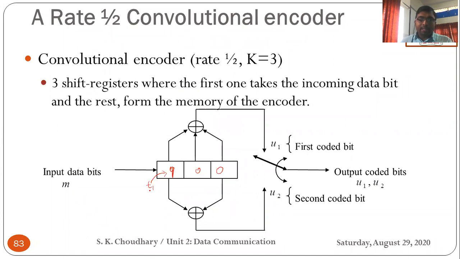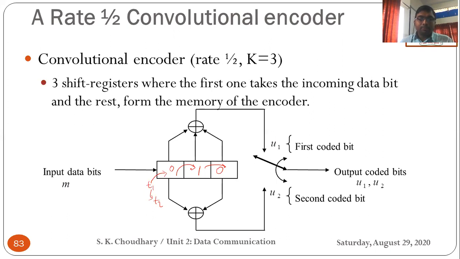And when the next time instant becomes T2, this bit is shifted here, and this place is vacant. This one is shifted here at time instant T2, and this is vacant. And here the next bit comes, maybe 0, maybe 1. So in this way, there is right shifting at every time instant.